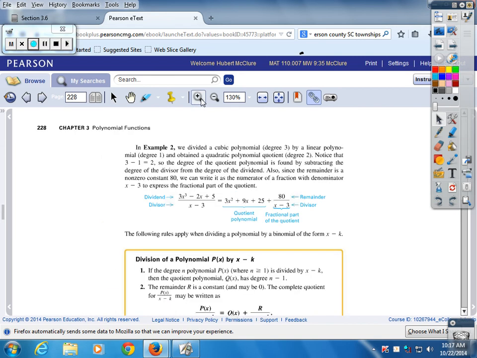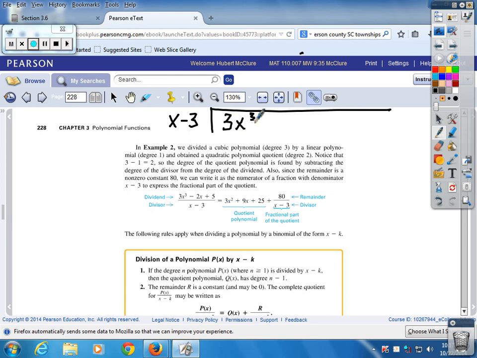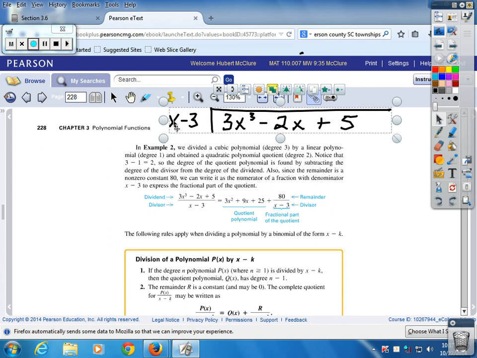3x cubed. It's going to be x minus 3 into 3x cubed minus 2x plus 5. So go ahead, this is the example on page 228.